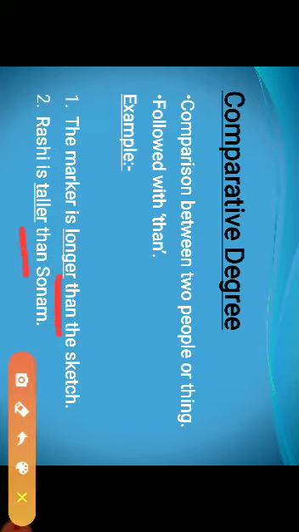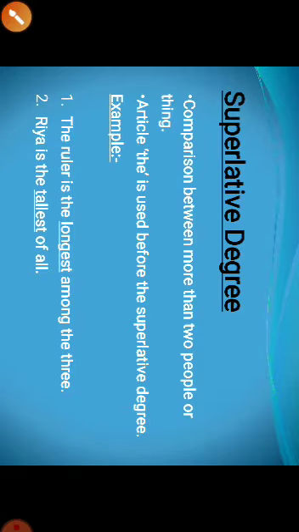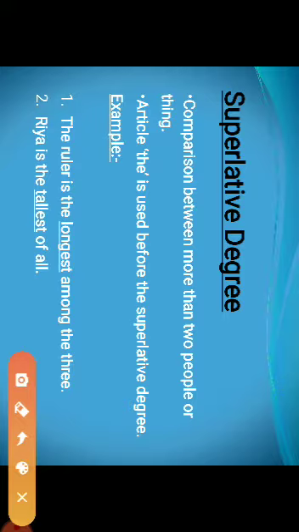Okay. Now last comes the superlative degree. Now anyone can guess what will be there in superlative degree? In positive we had no comparison. In comparative we are doing the comparison between two things. Now what will be there in superlative degree? Here we are doing the comparison between more than two people or things.